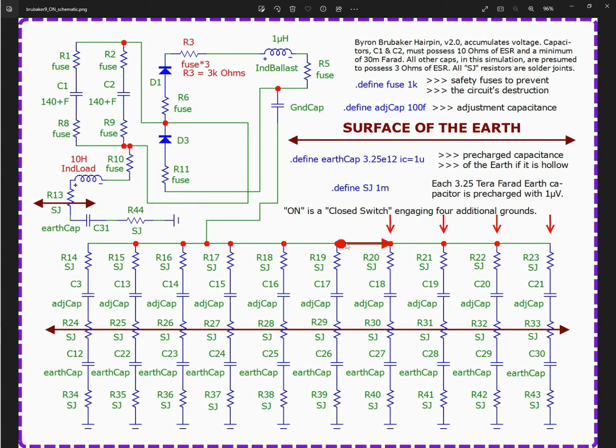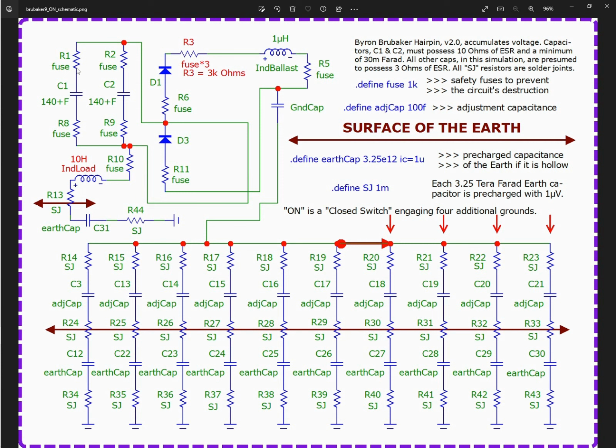Off being comatose. There's some energy being contributed from the Earth, but not enough to be qualified as free energy, some kind of over-unity gain. And then I have a little bar here representing where the Earth is, to separate this portion of the ground rod sub-circuit from the top portion, which is above ground, and we have our load here, and then a protective fuse of 1 kiloohm.